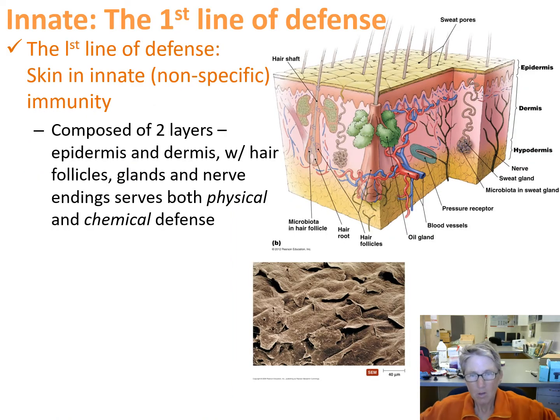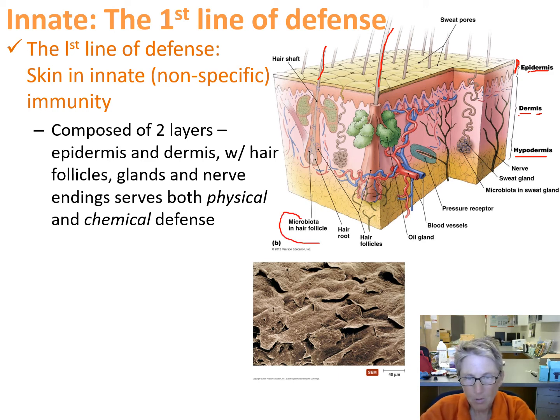All right, so let's talk about the first line of defense in more detail, the skin. If you had Bio 201, you probably saw a cartoon like this. This top layer is the epidermis, and deep to the epidermis is the dermis. Deep to the dermis is the hypodermis. And here's the hair shaft coming out of the epidermis. And look at all this cool stuff that's in the dermis. Here's your hair follicle.